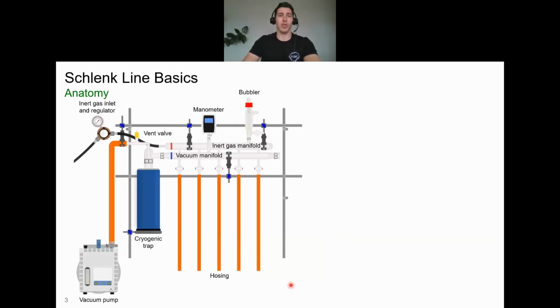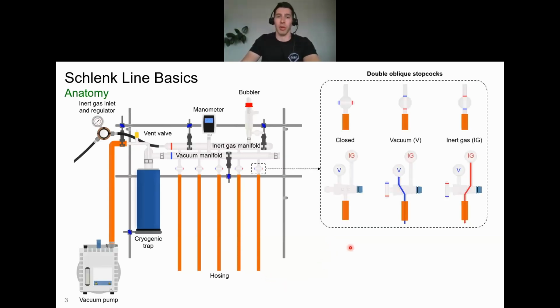And the control aspect of Schlenk lines is essentially the double oblique stopcocks as shown here. So when they're in this side-on position, which is depicted here, we call that the closed position.